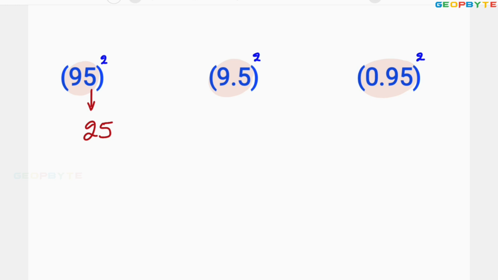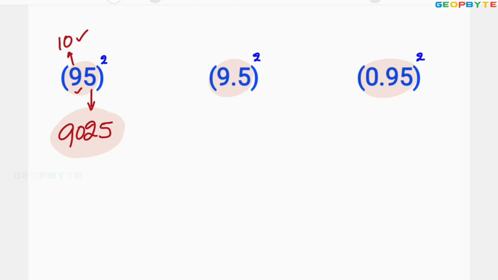This is the common value for all the squares of the numbers ending with 5. Then you multiply 9 with the next higher number, that is 10. 9 into 10 is 90. You write that value. You got your answer. 9025 is the value of 95 whole square.